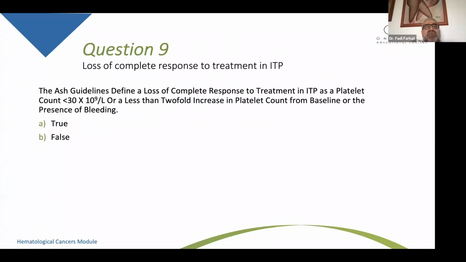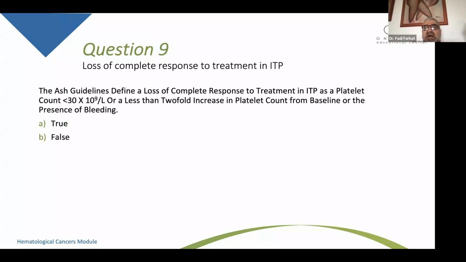Now, talking about the loss of complete response to treatment in ITP. The ASH guidelines define a loss of complete response to treatment as a platelet count less than 30,000, or a less than twofold increase in platelet count from baseline, or the presence of bleeding. So if the patient has bleeding, it's a loss of complete response.